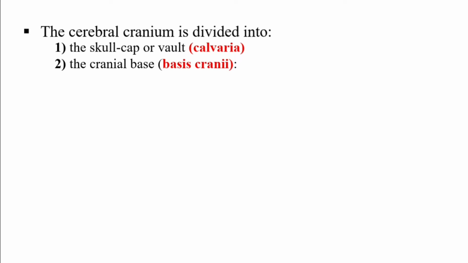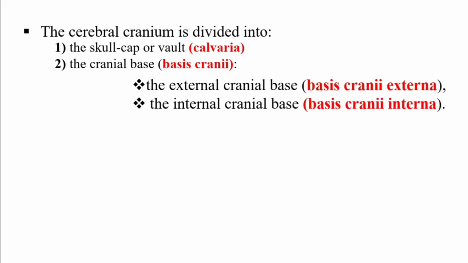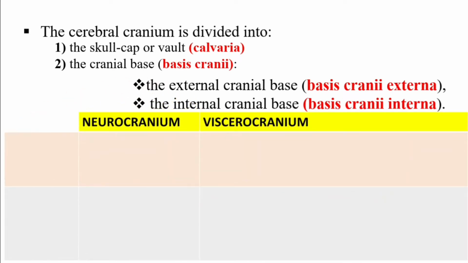But for now, you need to know that this basis cranii has two parts: the external cranial base, that's basis cranii externa, and the internal cranial base, that's the basis cranii interna.